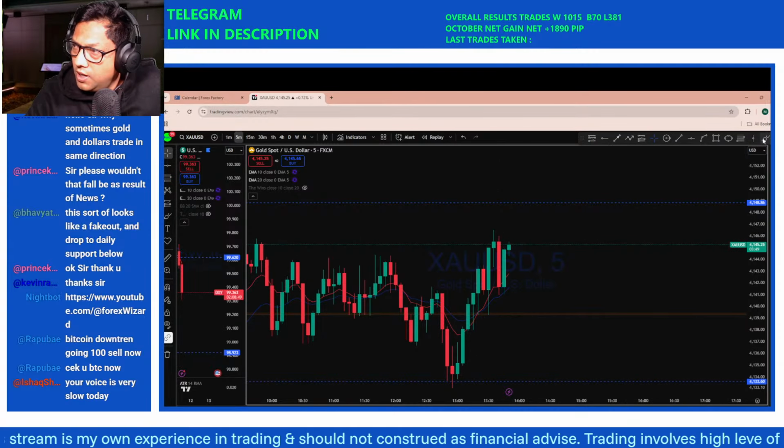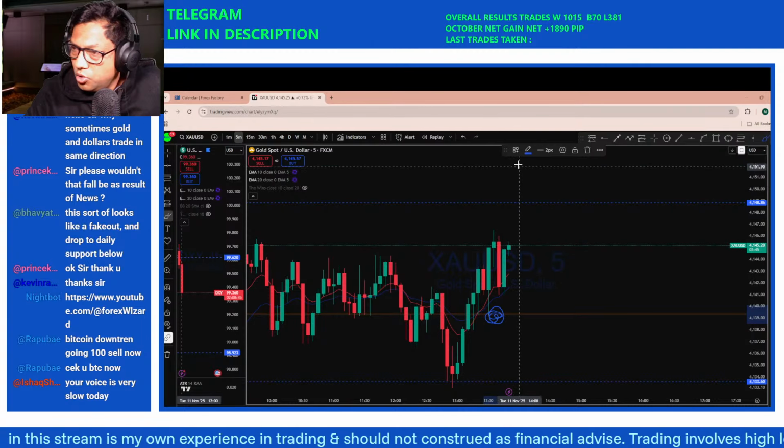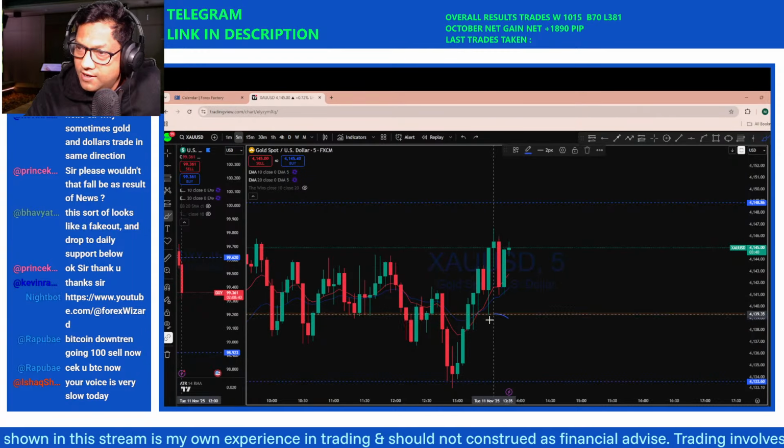This support has not been tested yet, so to remain bullish, we are looking at this support here, guys.